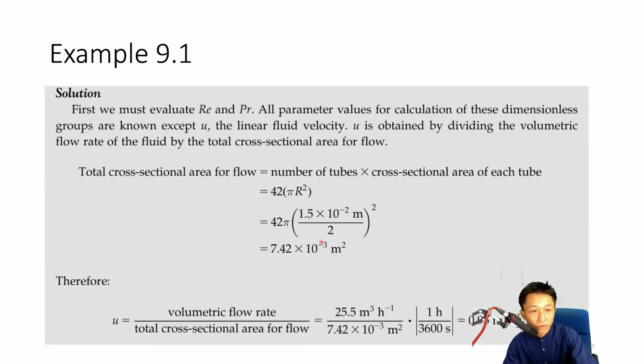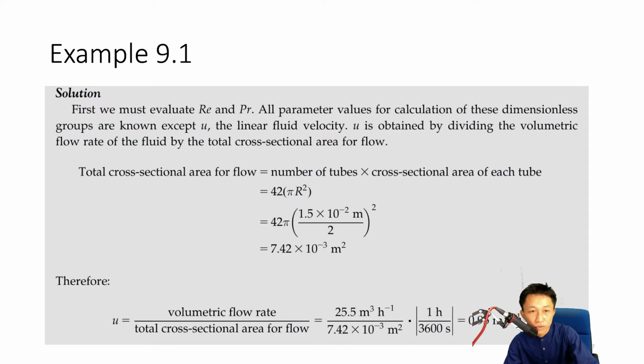Let's have a look. We have the total area: 42 tubes, and the cross-sectional area of each tube, giving this area in square meters. Each tube has this surface area, and we calculate the velocity from the volumetric flow rate, changing the unit to meters per second.